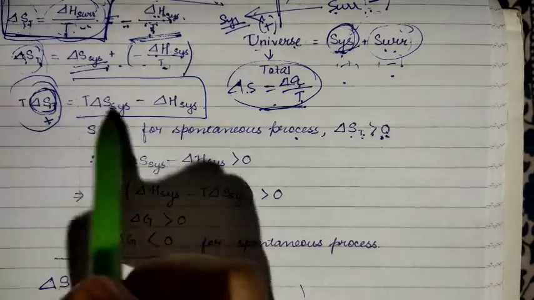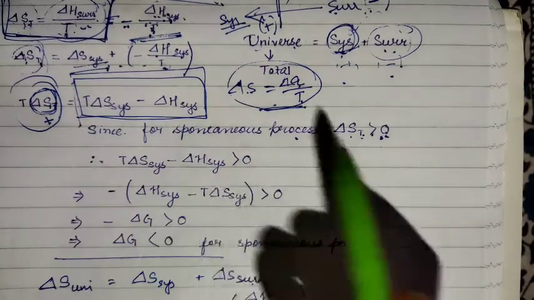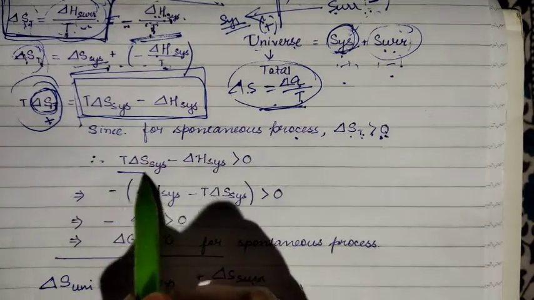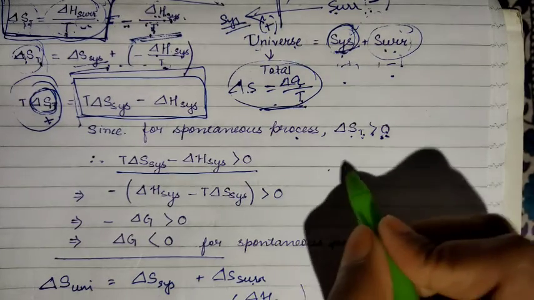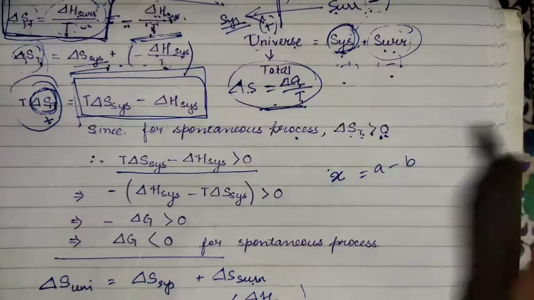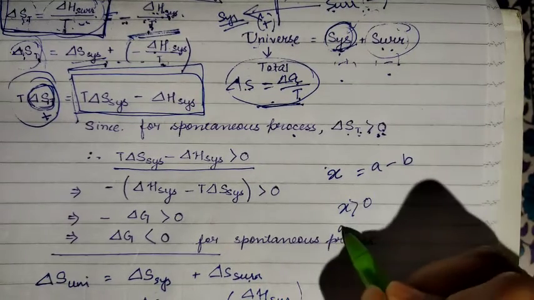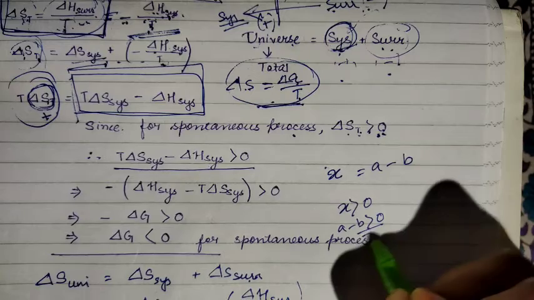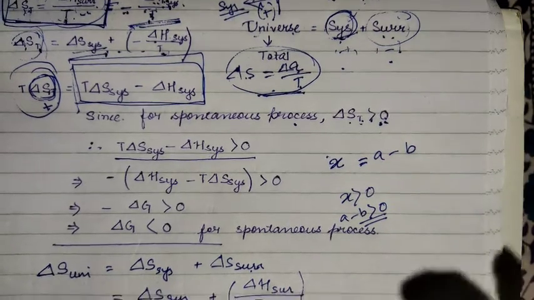This total term is equal to this. Clear? So this will also be greater than 0. Means what? Suppose x is equal to a minus b. If x is greater than 0, then a minus b should also be greater than 0. Then only it can be equal, right? So that is the concept here.